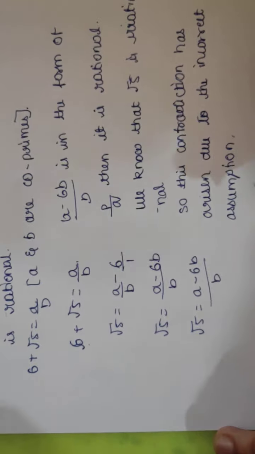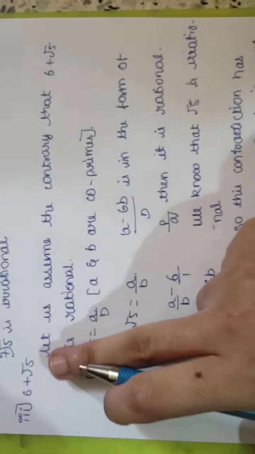So here we can conclude that 6 plus root 5 is irrational.